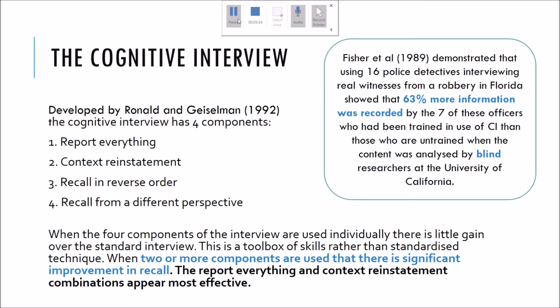So the idea is that it is more effective to recall information in forward order once and then reverse order, so backwards, than it is to just recall it in forward order twice. You're more likely to pick up on details that you might have missed potentially.